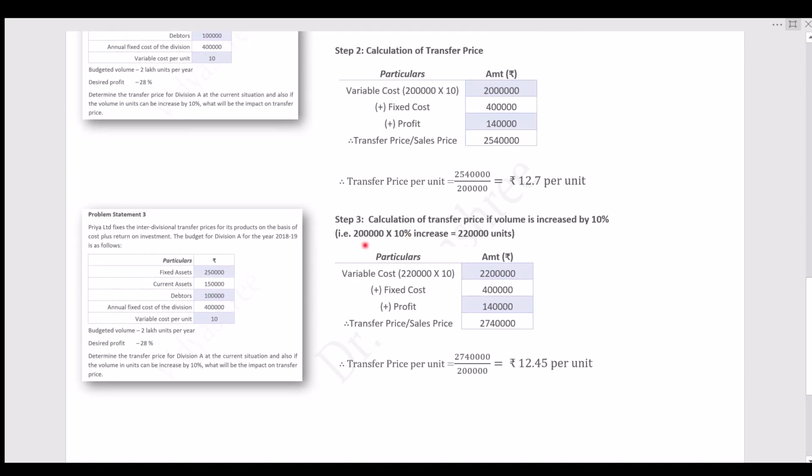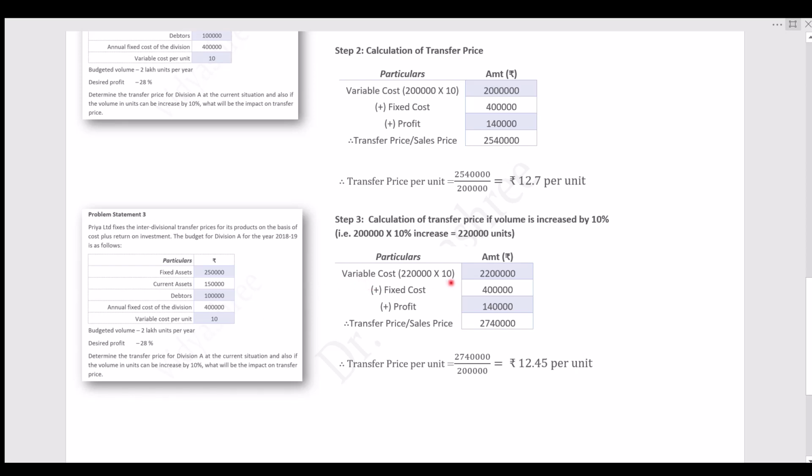So observe here, 2 lakh is nothing but the production. An increase of 10% is nothing but 2,20,000. The same formula which you used for calculating the transfer price: just add both the cost plus profit, you get the transfer price. Well, let's see that. Variable cost in the question itself is given, it is rupees 10 per unit.